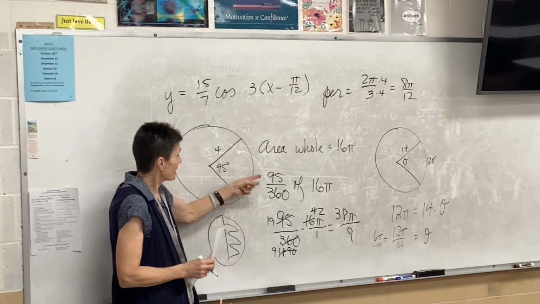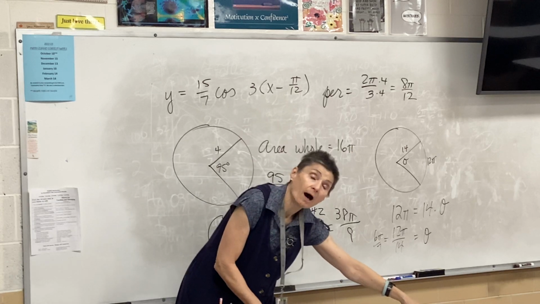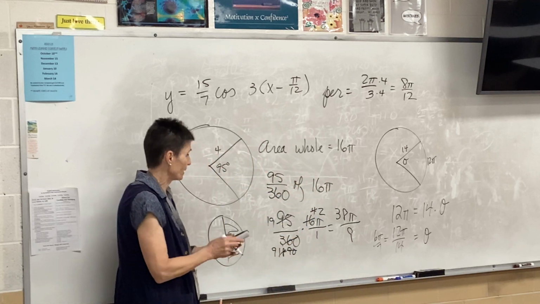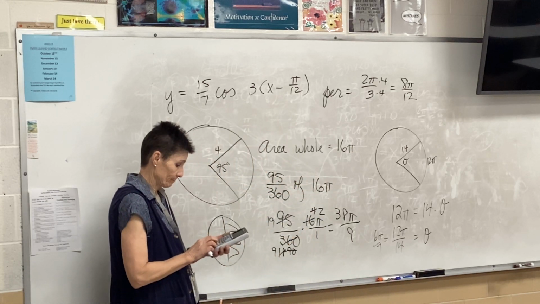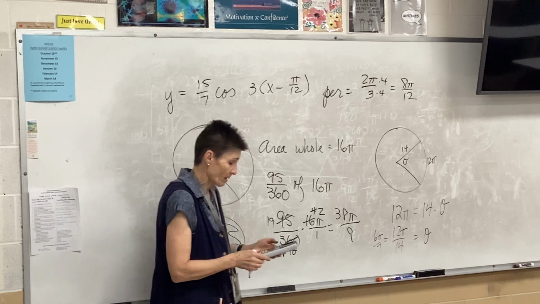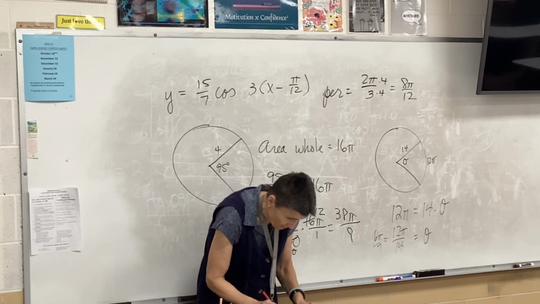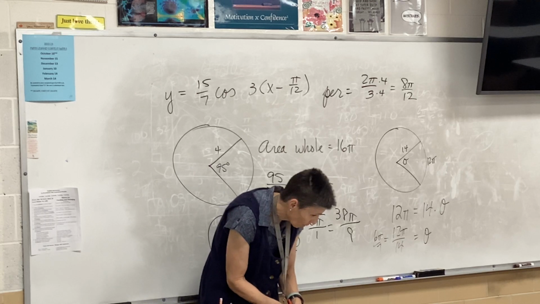The process is 95/360ths of, or times, the whole area. Yep, 38/9 pi, that's right. All right, so that's that one, that's number 4.